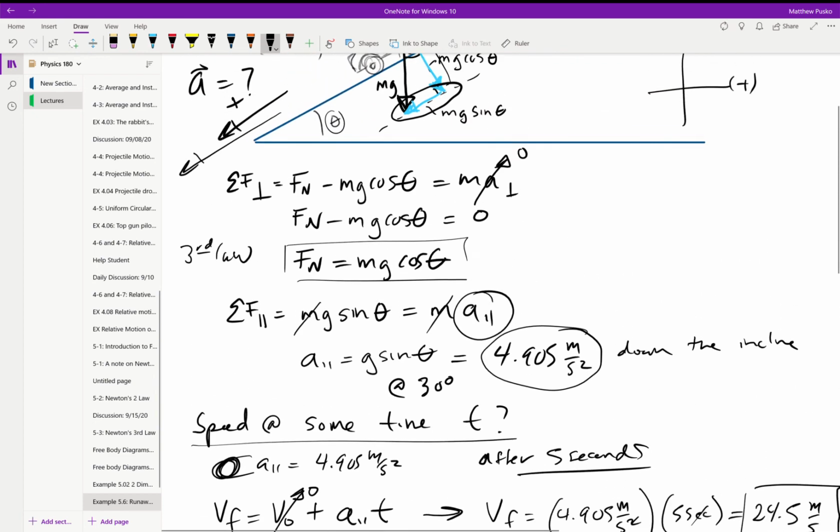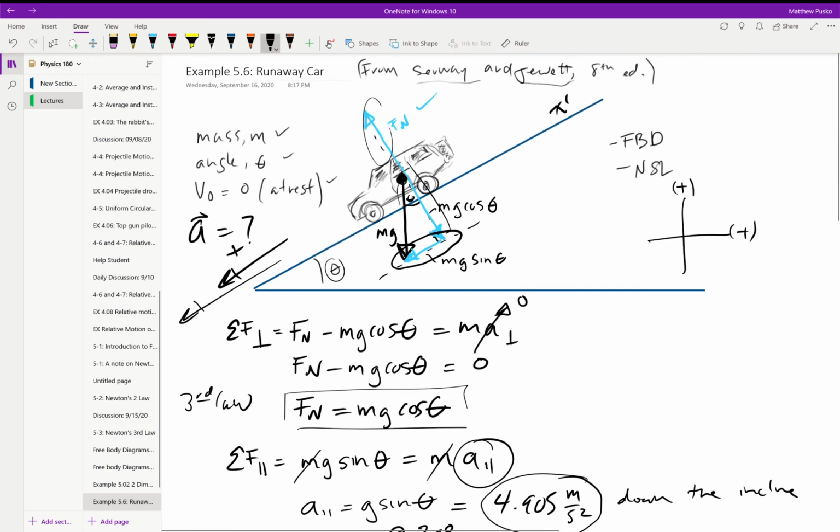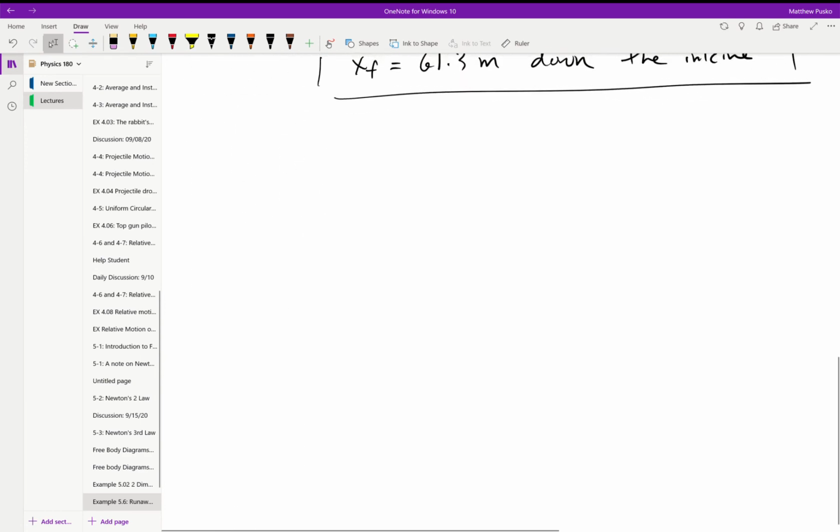The next step in this type of problem would be to say, let me draw a new one real quick. I need my ruler.